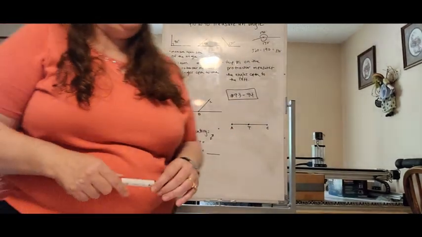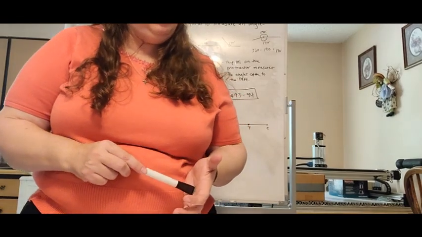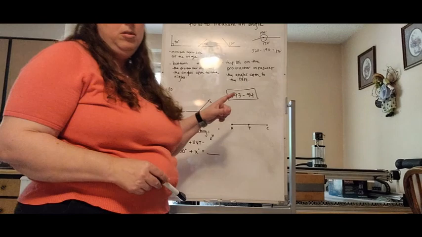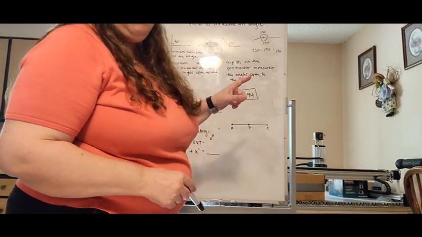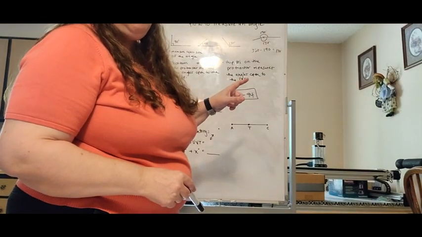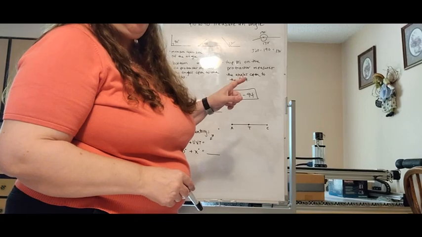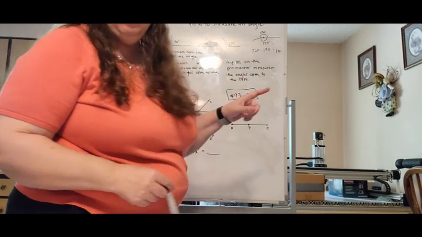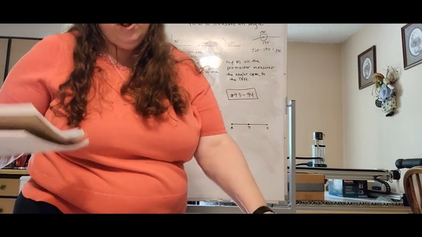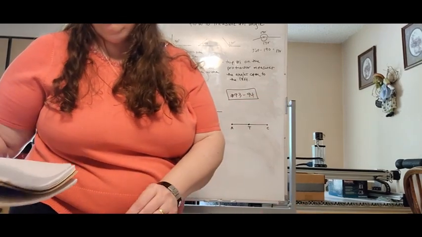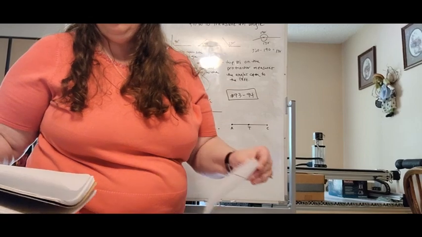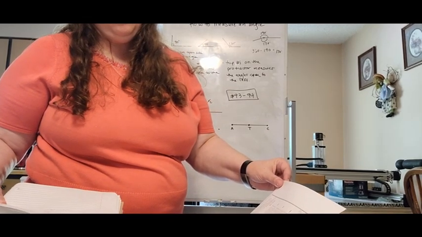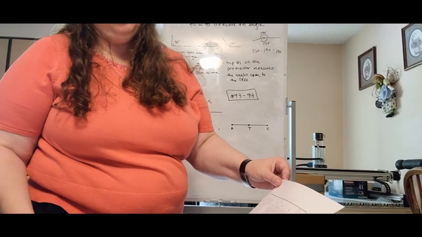All right, so let's take a look at number 90. It says adjacent angles EDA. Wait, where are we? I thought we were on set 18. No, we're on set 17. Everyone's getting confused.